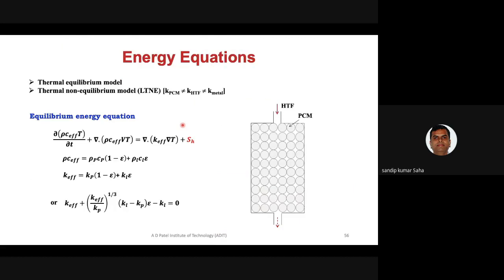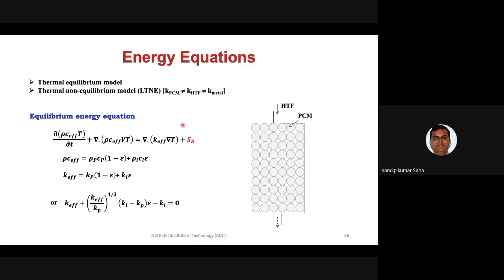Now, when I do the energy equation, there are two types I can employ: one is the thermal equilibrium model, another is the thermal non-equilibrium model. Fluent offers both models. The question is where you will adopt which one.